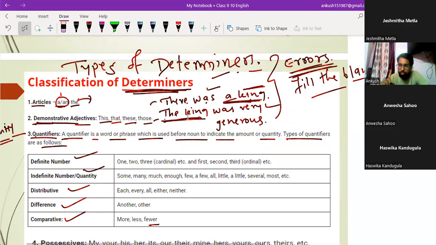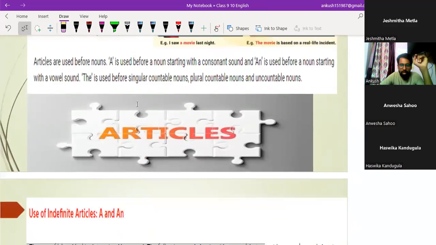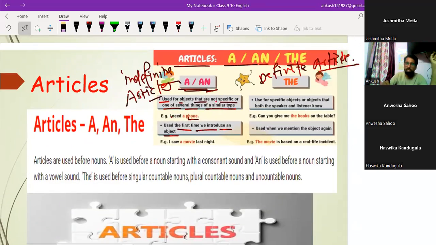The king was introduced for the first time, so we use the indefinite article, not the definite article. But if that same noun is mentioned in the second line, it becomes the definite one, because we are already talking about it. So, I saw a movie the last night.